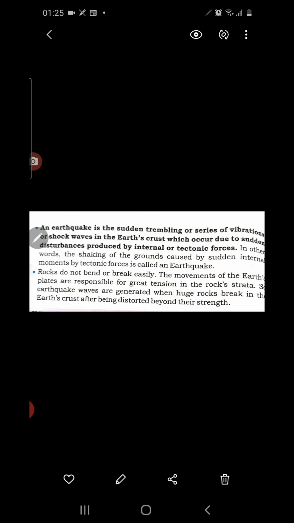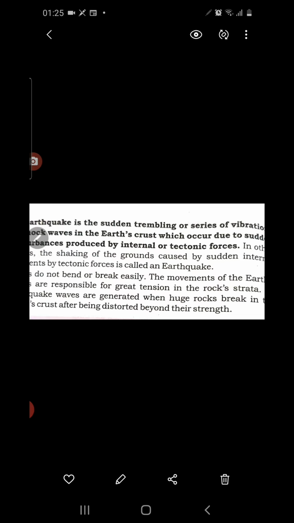How did the disturbance take place? Because of the convection currents which work under the earth. Due to their movements, and also because of the convergent and divergent boundaries. And what are the convergent, divergent and transform boundaries? You understood the different types of movements of the tectonic plates.